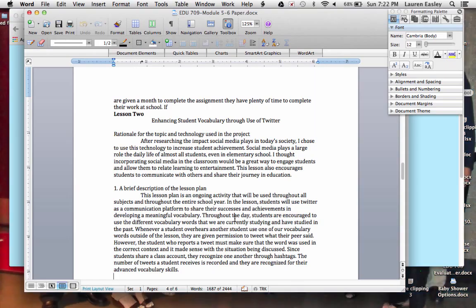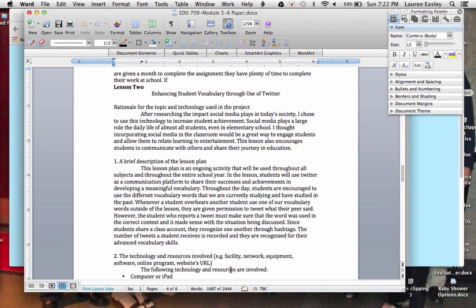Since students share a class account, they recognize one another through hashtags instead of using their names. Being in elementary school, I know that some parents may have a problem with them having a Twitter account, so they would use the class-wide Twitter account and just identify one another through a hashtag. The number of tweets a student receives is recorded, and they are recognized for their advanced vocabulary skills.